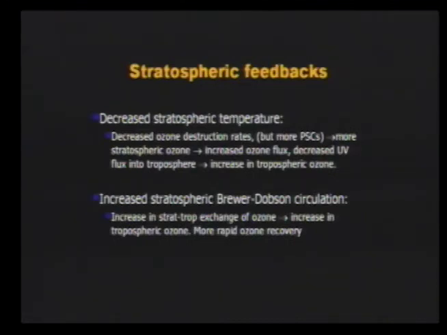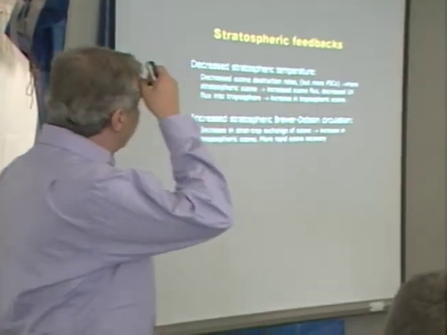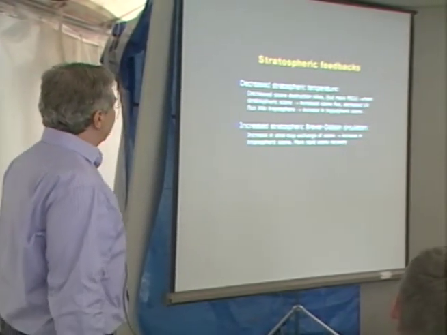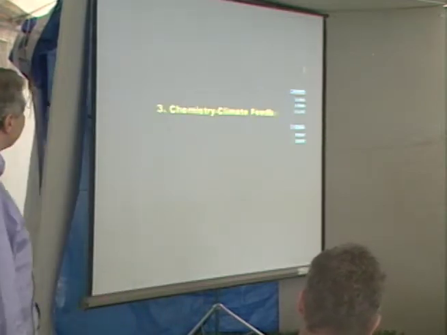Generally speaking, people believe that there will be more stratospheric ozone and therefore an increase in the stratosphere downward motion. There should also be, according to the models, an increase in the Brewer-Dobson circulation, and that could also modify the stratosphere-troposphere exchange with an increase in tropospheric ozone. What seems to be now the consensus from at least the last WMO ozone assessment is that climate change would lead to a more rapid ozone recovery.